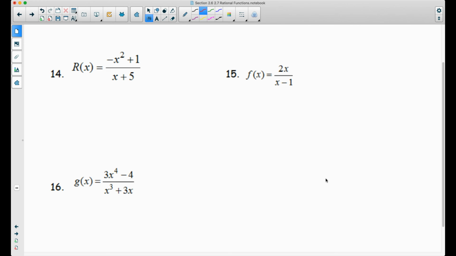Find all of the asymptotes. Put it all together. Find all of them.